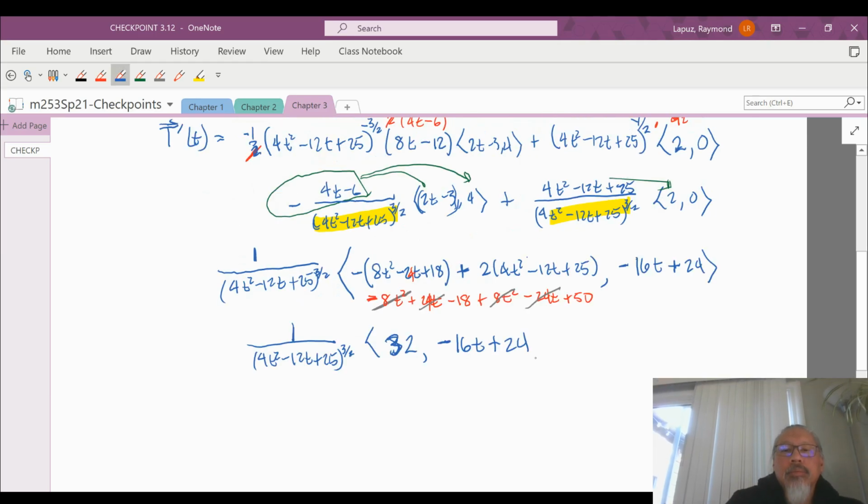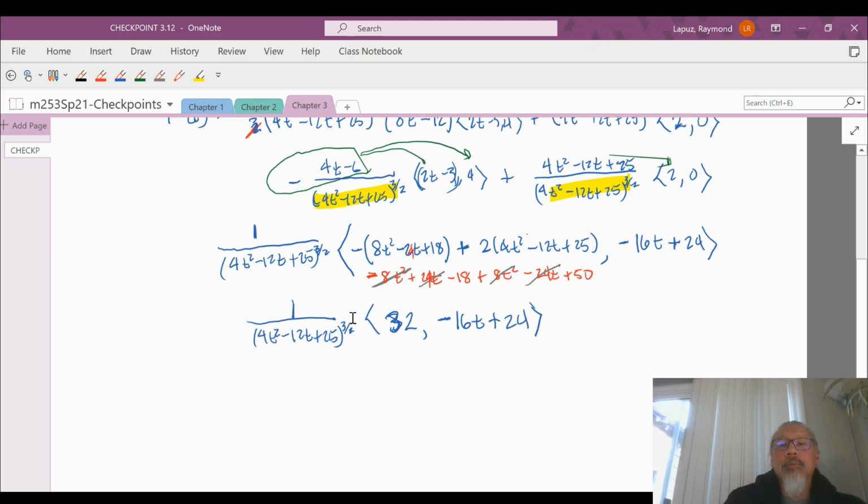We can factor out, looks like we might be able to factor out an 8 if we wanted to, and have it sitting up on top here. Oh, wait a minute, this isn't quite it yet. This is just the derivative of the tangent vector, and let us factor out that 8 that we were just talking about, so we can have the vector as simple as possible.